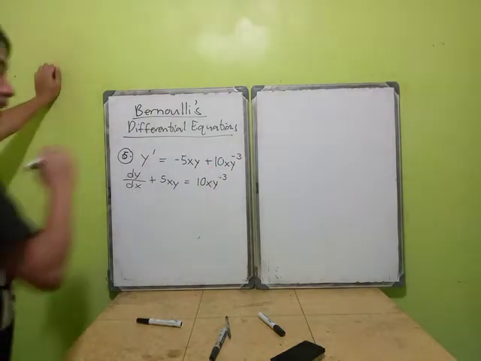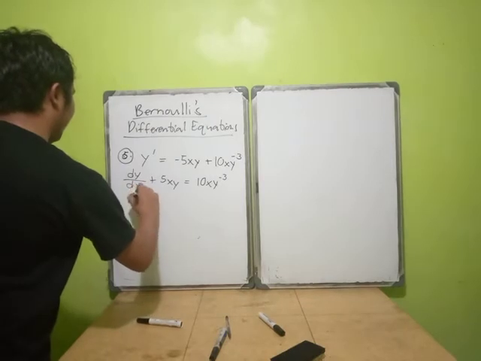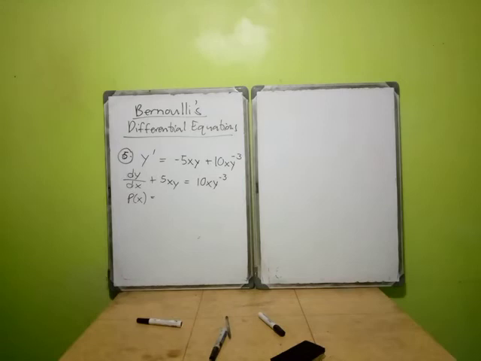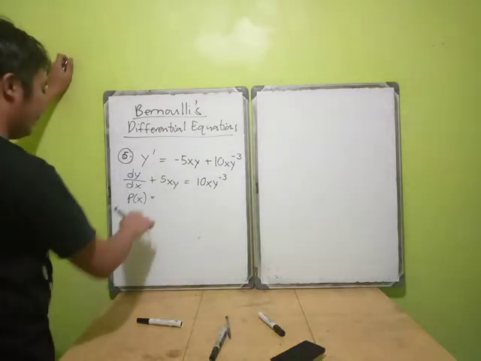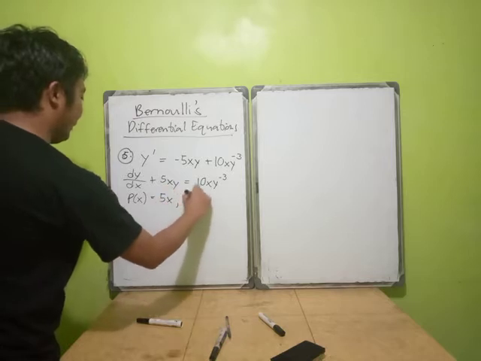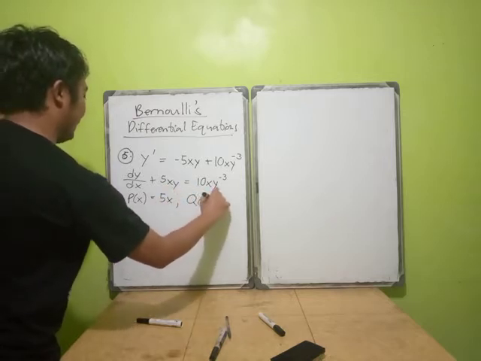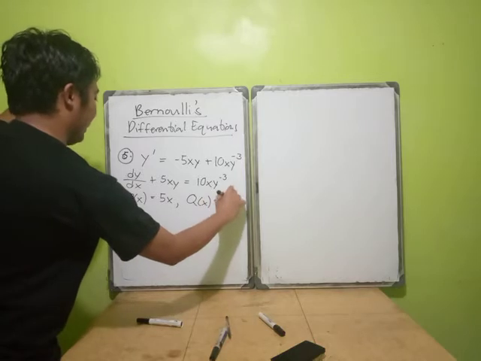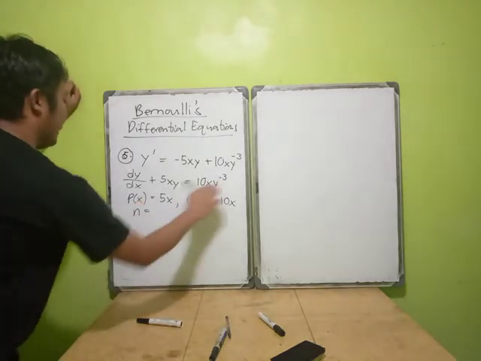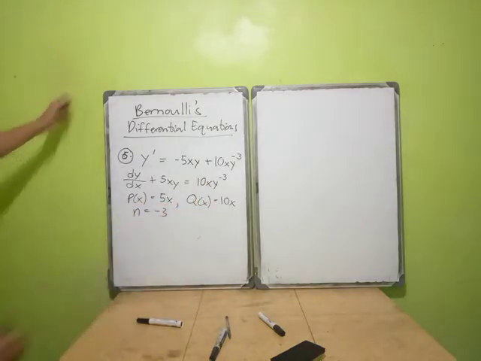Okay, so, pangalanan natin yung p of x niya at saka q of x. So, p of x dito is 5x, and then the q of x natin is 10x. Okay, and ang n natin is yung power ni y, which is negative 3.